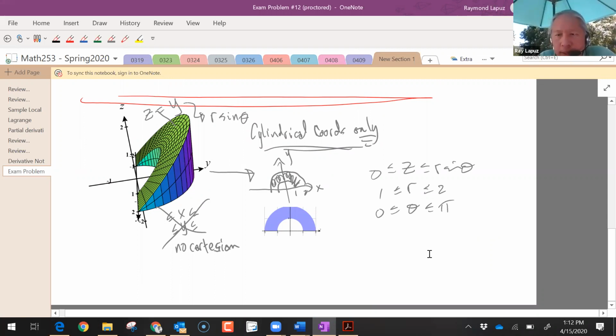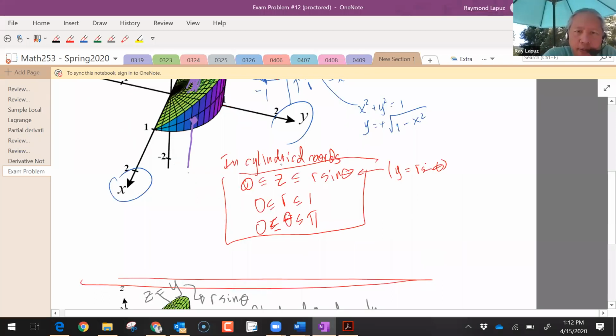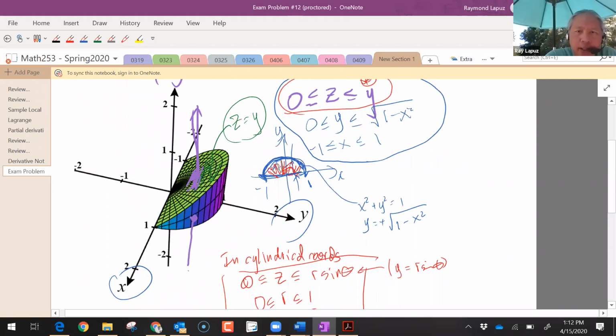Okay, so in the last problem, we got the y limits from this semicircle up here. The whole circle is x squared plus y squared equals 1. The semicircle is y equals either plus or minus, but we notice it's on top, so it's the plus square root of 1 minus x squared.